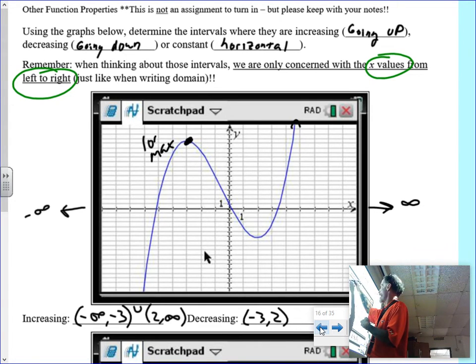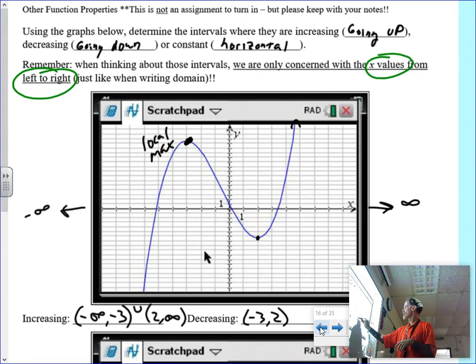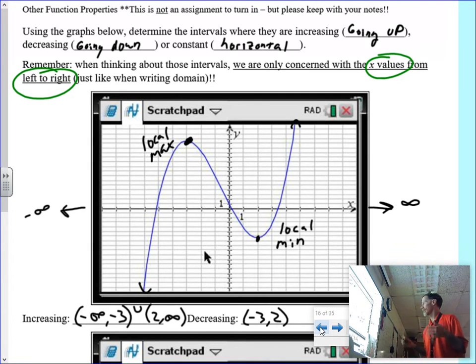So that's just going to be a local max. Same thing here. This is a minimum. Does it ever get lower than that? It does, way over here. So that's going to be a local min. This one does not have any absolute max or min because it keeps on going forever towards infinity. So it only has local values.